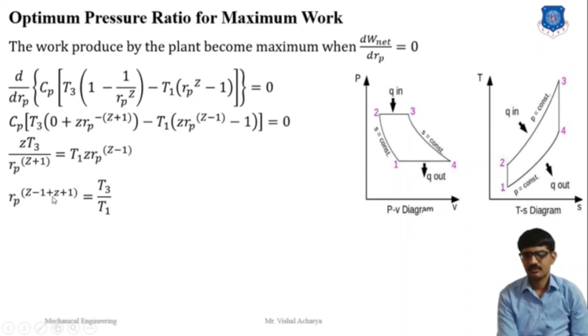So Rp raised to 2Z is equal to T3 by T1, giving Rp equal to (T3 by T1) raised to 1 upon 2Z. Here the Z value is (gamma minus 1) by gamma, as we assumed; putting it in the equation, the optimum pressure ratio for the maximum work is (T3 by T1) raised to gamma upon 2 (gamma minus 1).